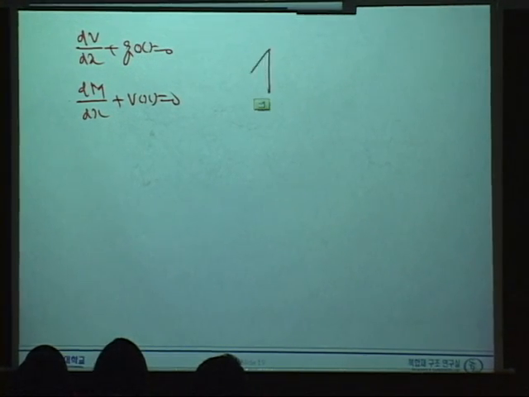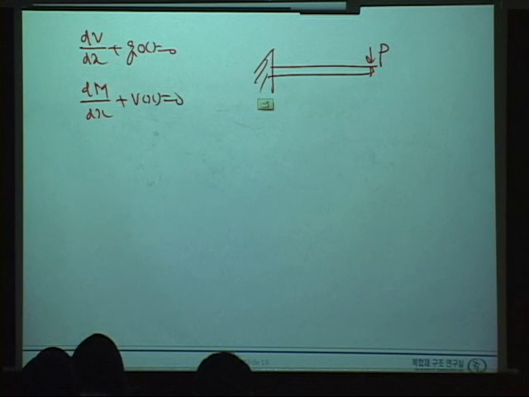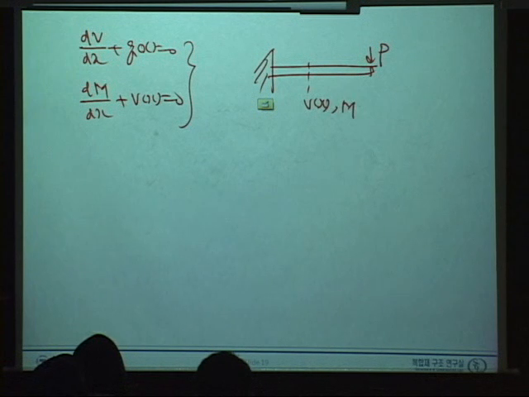Now let's say we apply these to this simple cantilever case. This is a load P, and this is the cantilever. Let's use these equations to calculate the internal force V(x) and moment M(x).